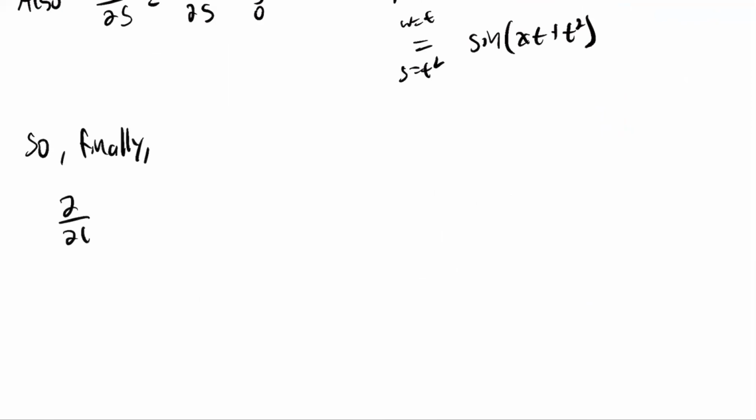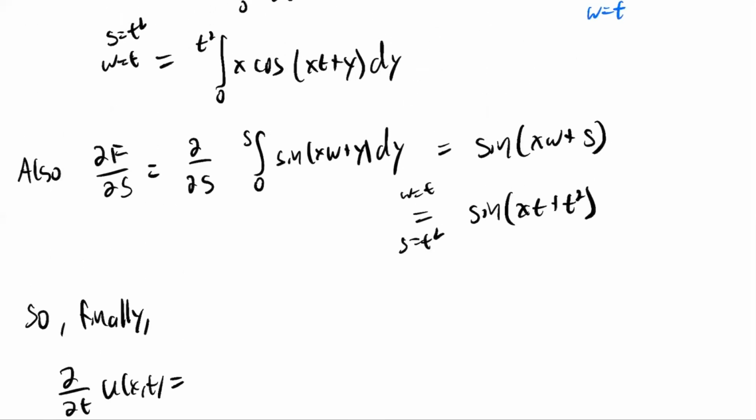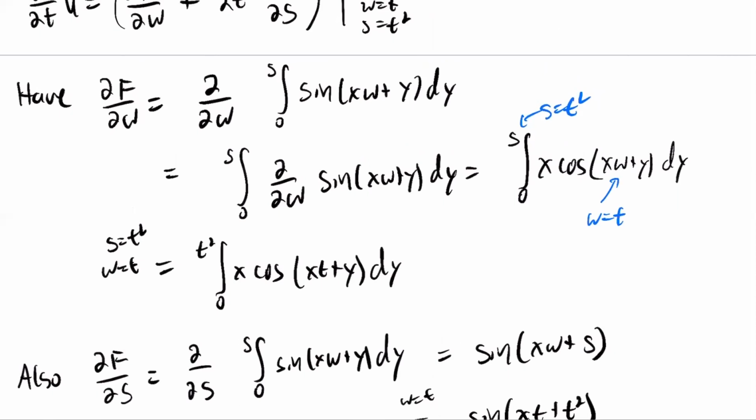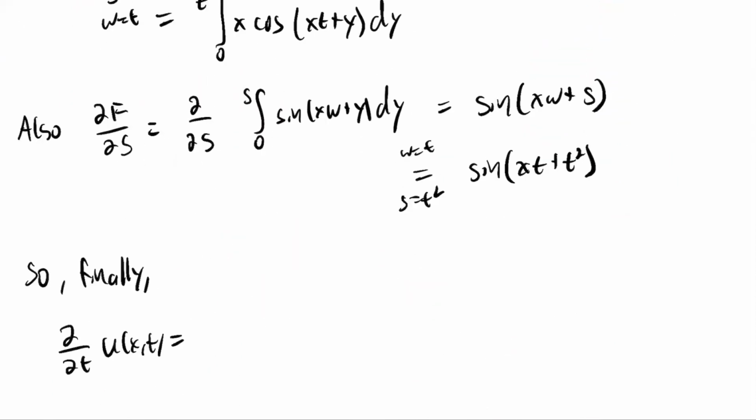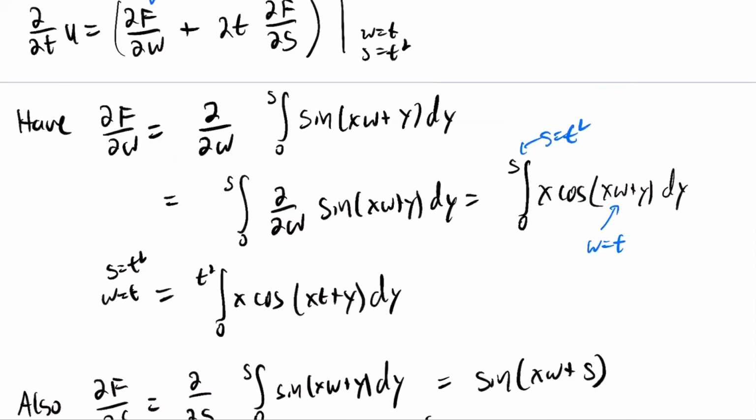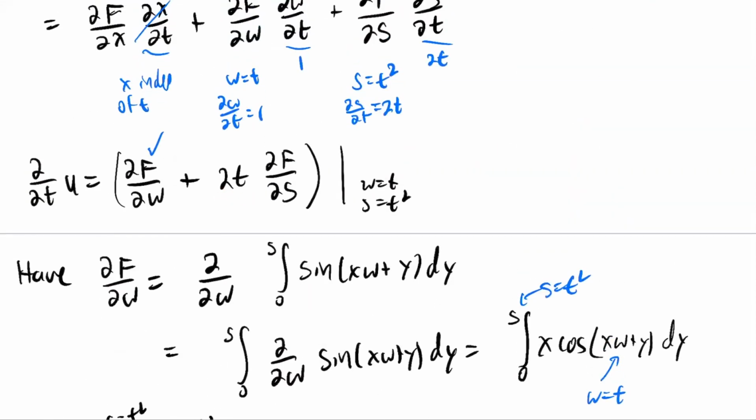Finally, putting everything together, the derivative with respect to t of our function u is given by, well, the first term we had here was the integral from 0 to t squared of x cosine of xt plus y dy. And then the second term was 2t times the derivative of f with respect to s.